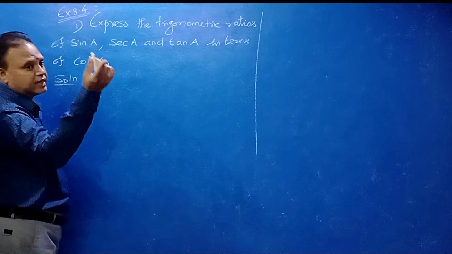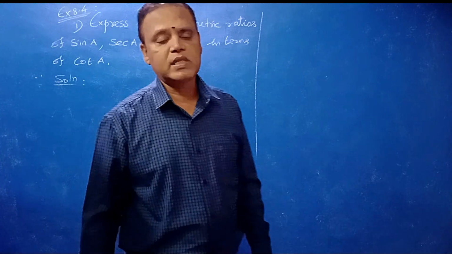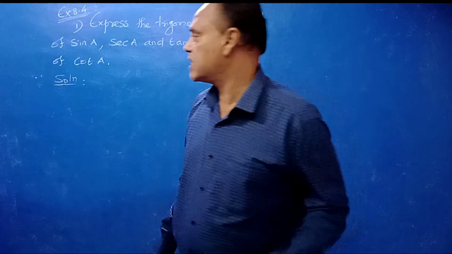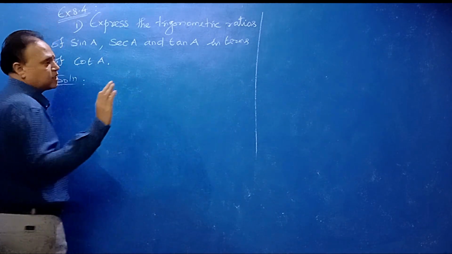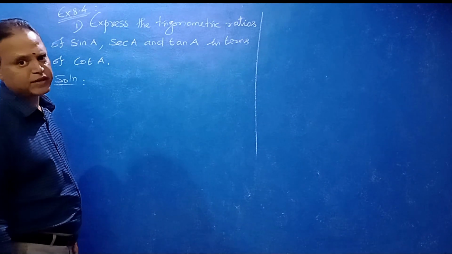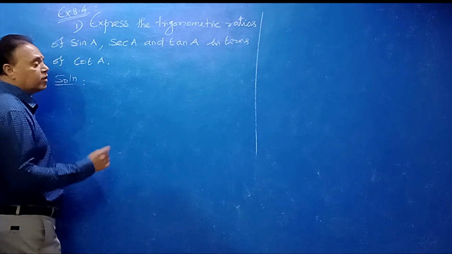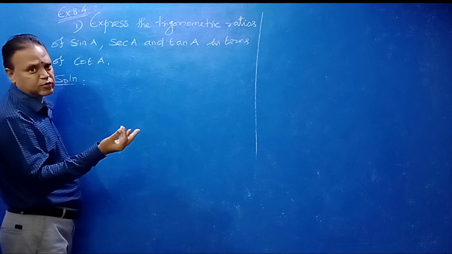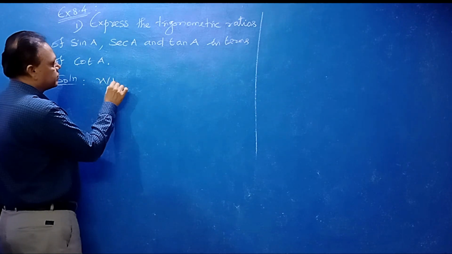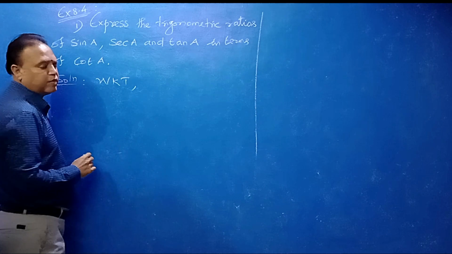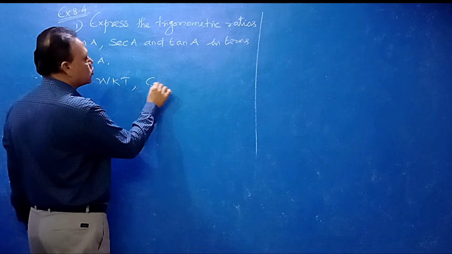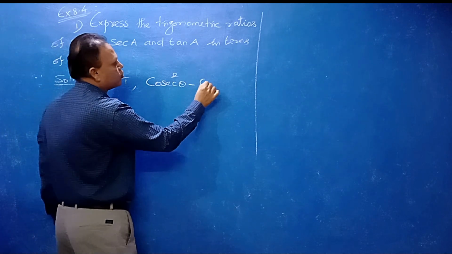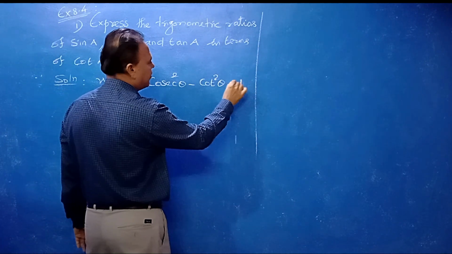Just remember, sin A reciprocal. What is the reciprocal of sin A? Cosecant. That means this sin A can be written as 1 by cosecant A. So if sin means the reciprocal of cosecant, we know that cosecant square theta minus cot square theta equals 1.